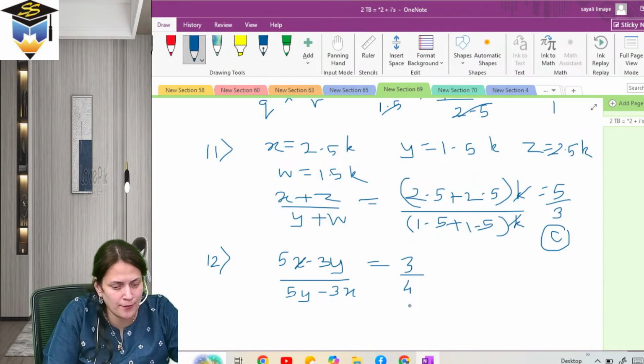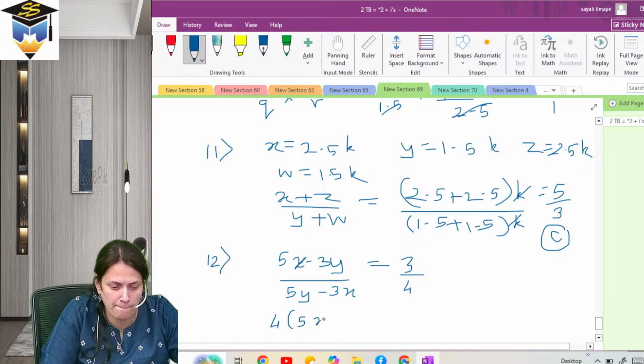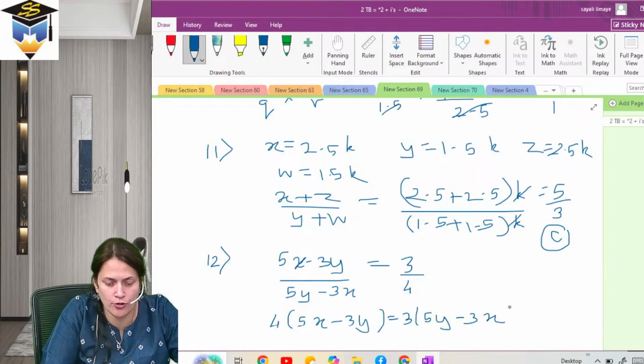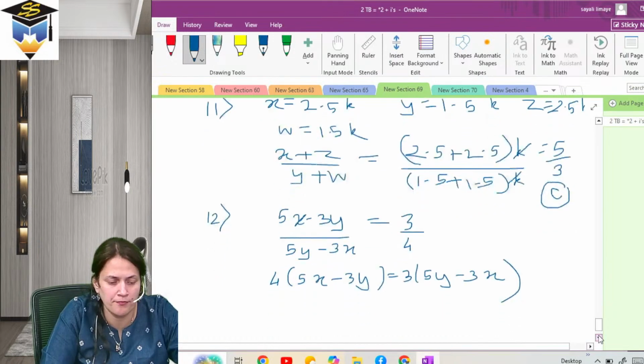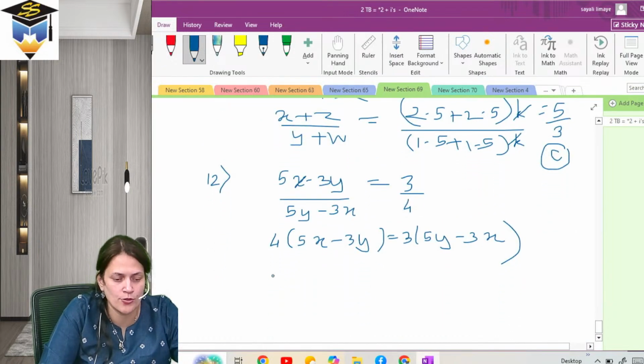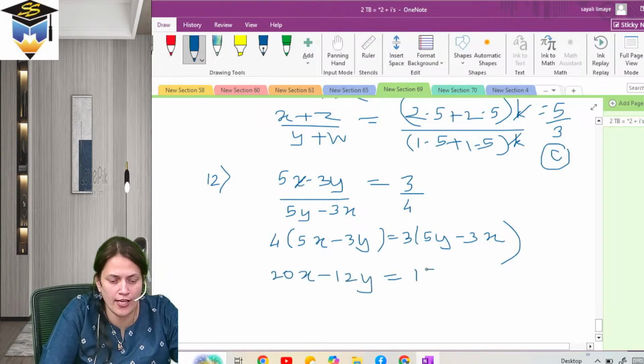So we can cross multiply, and we can take it in the form of x upon y. So multiply each and every term. So as you can see, 20x minus 12y is equal to 15y minus 9x.